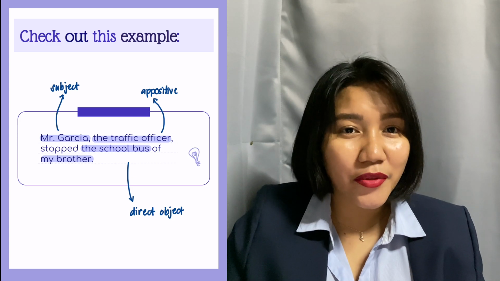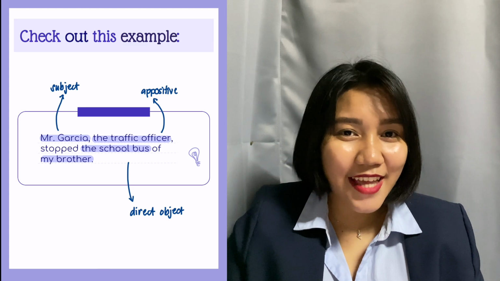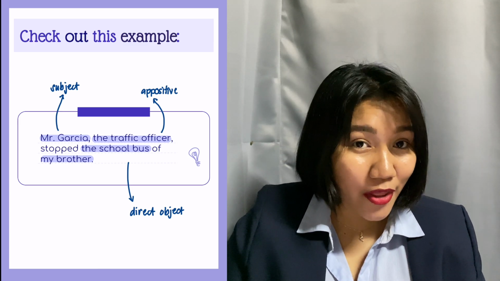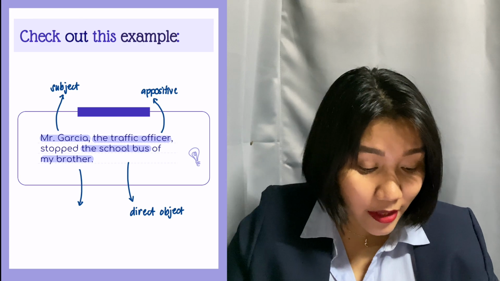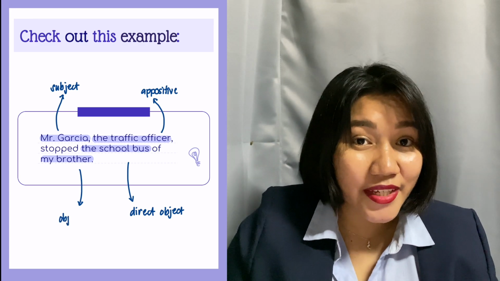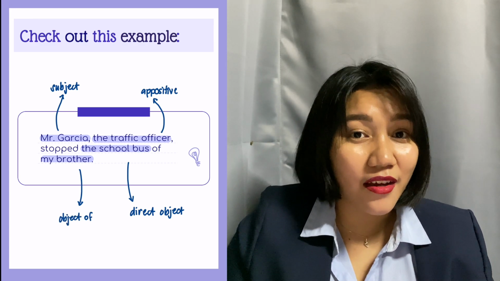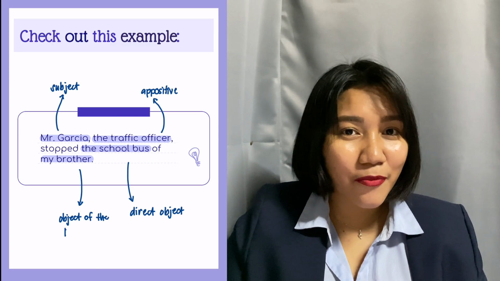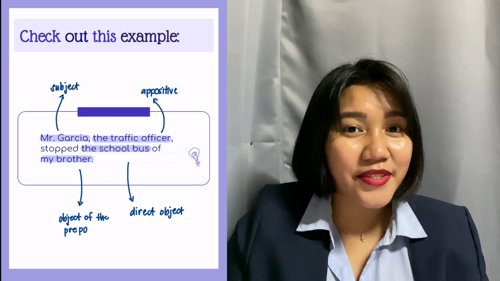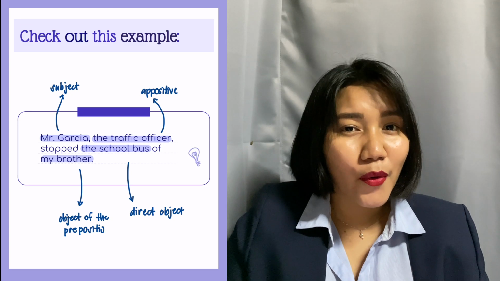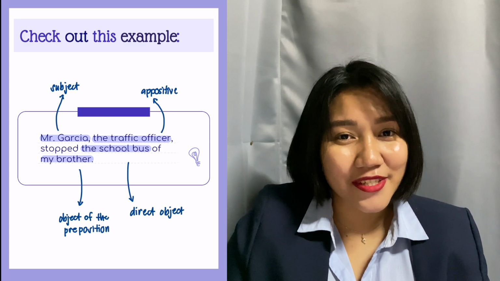Direct objects usually answer the question, who and what. Our last noun in the sentence is my brother. The noun my brother is the object of the preposition because it follows the preposition of in the sentence. Object of the preposition is the object that comes after a preposition, or simply, it follows a preposition.